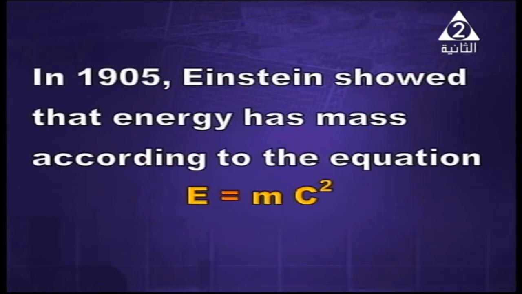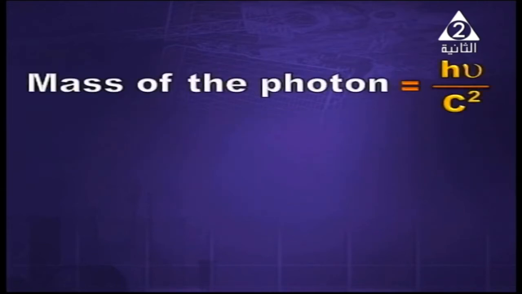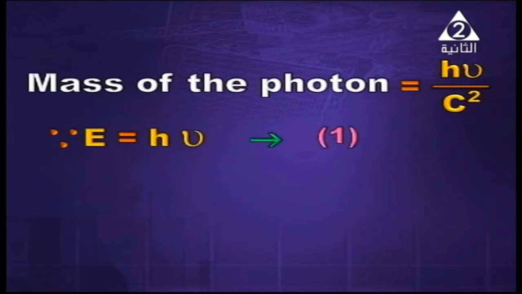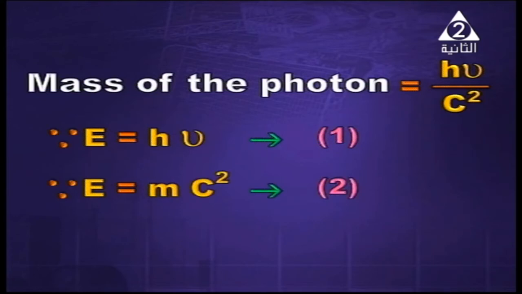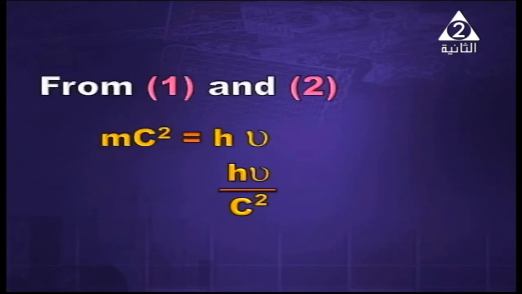So photons behave like particles, and waves, of course; they've got dual property. So the mass of the photon equals h nu over c squared. How? E equals h nu, the energy of the photon, on one hand is proportional to the frequency, and from Einstein's equation, it is equal to mc², so h nu equals mc².